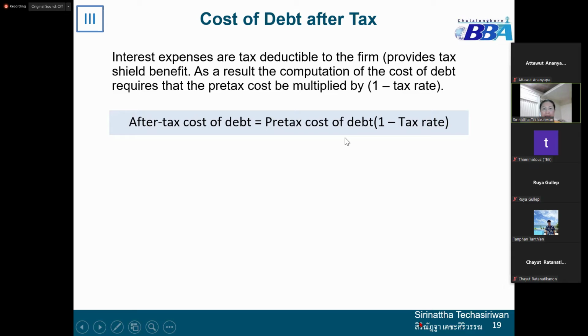Why is that? It is because the interest expense on debt is a tax deductible expense, which provides a tax shield benefit.